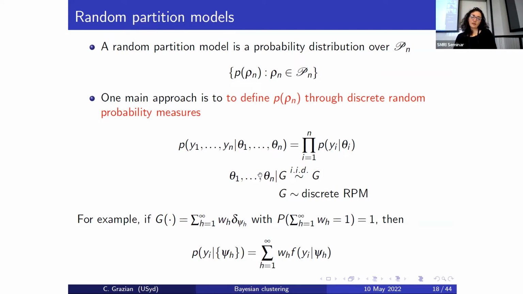The idea is that we assume that each observation has its own parameter. There are extensions for dependent observations, but at the moment I just consider independent observations. So we assume that each observation depends on a specific model, depending on some parameters. The parameters have their own prior, but the prior is discrete, so that there are ties among the parameters. And this means that if two observations are associated with the same component, with the same parameters, they are clustered together.